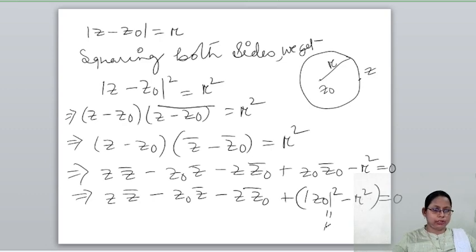If I replace this term with some c, this term also with some c.